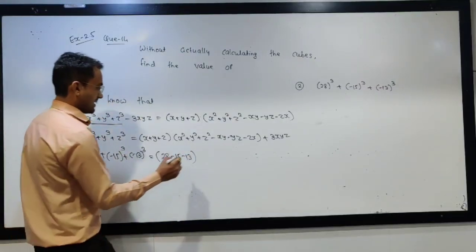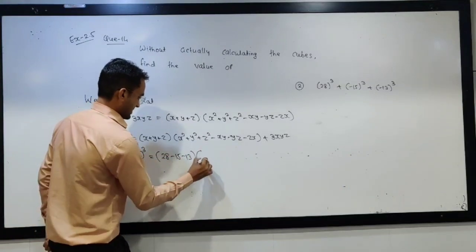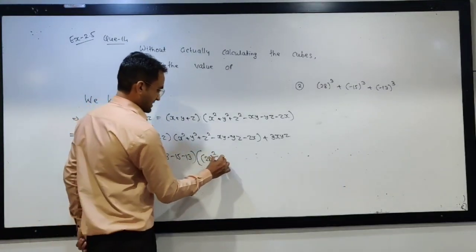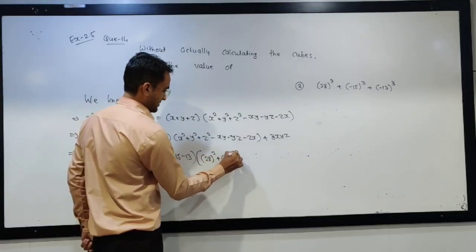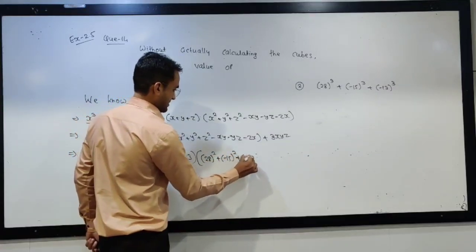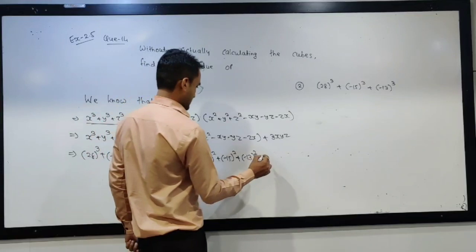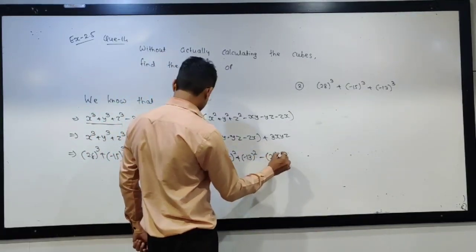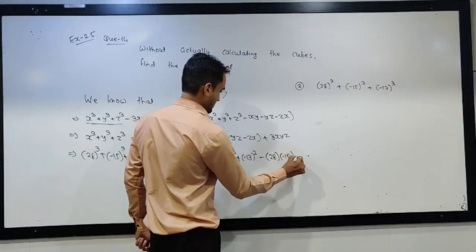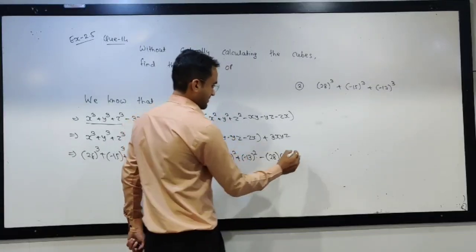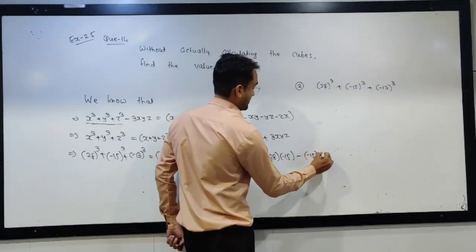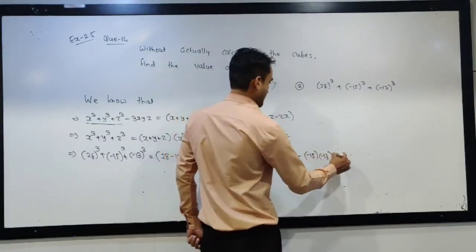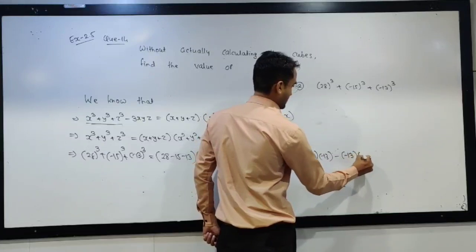Clear? Again, x square 28 square, y square minus 15 square, z square minus 30 square, xy 28, y means minus 15, yz minus 15 minus 30, zx minus 30 into 28.